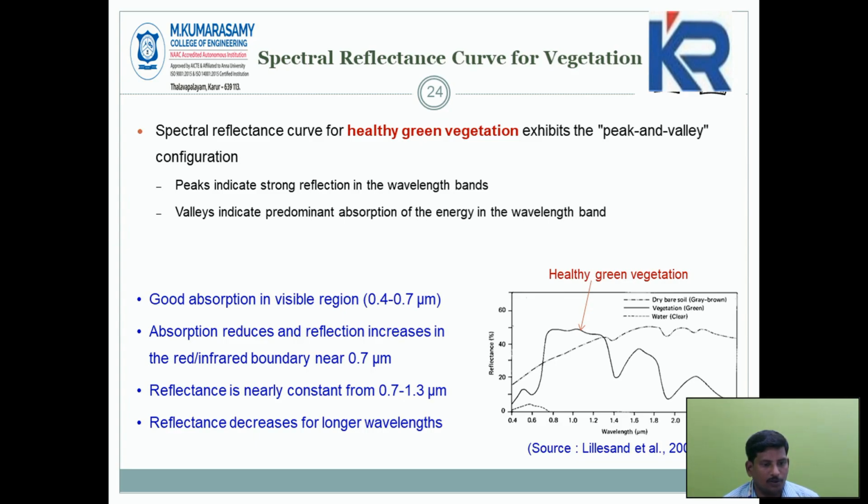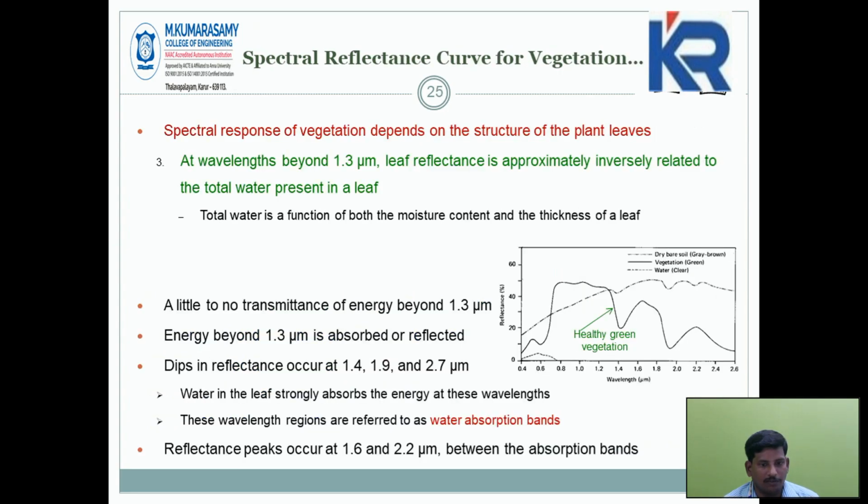Absorption reduces and reflection increases with a boundary near 0.7. Reflectance is nearly constant from 0.7 up to 1.3 micrometer. Reflectance decreases for long wavelengths compared to short wavelengths. Similarly, the picture shows healthy green vegetation of a particular area.